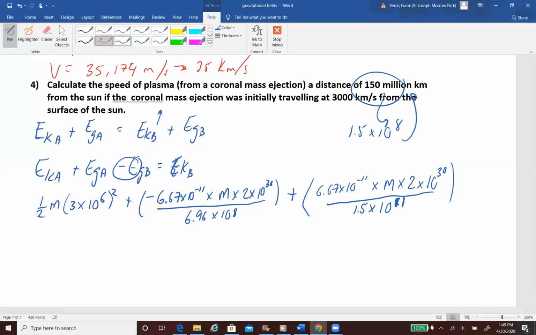So first thing you can notice is we can get rid of the m. Oh yeah, and that's got to equal, sorry, 1/2 mv squared. Okay. So we can get rid of the m. Second thing we can do is we can get rid of this half. We're going to multiply everything by 2.